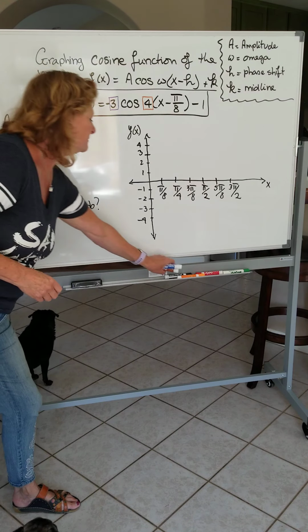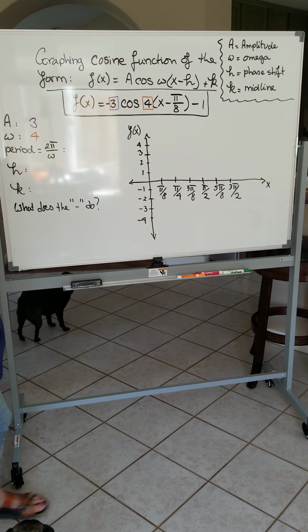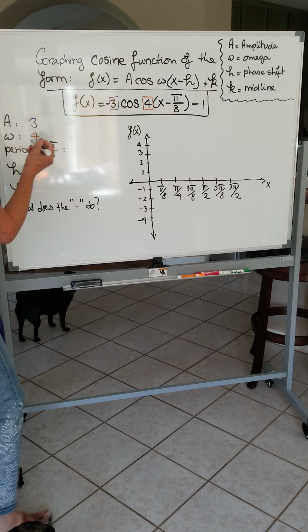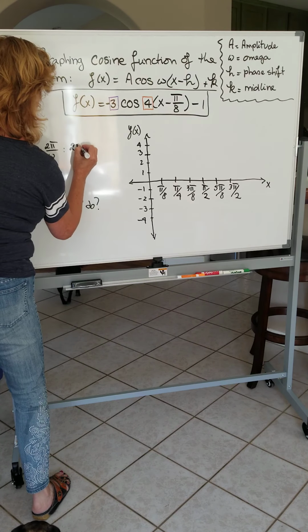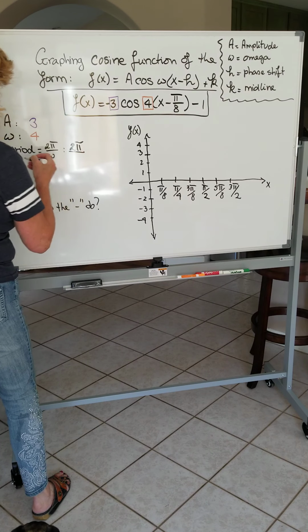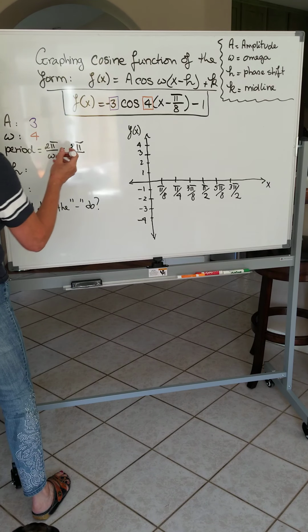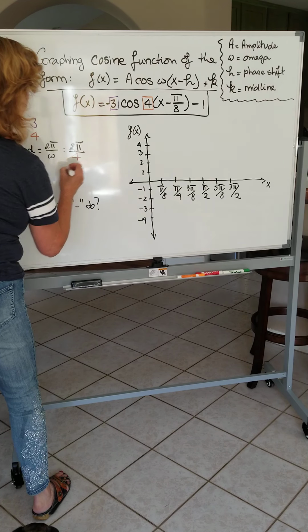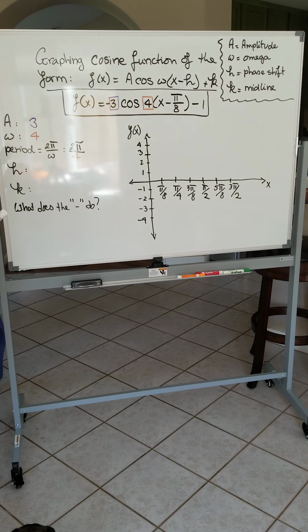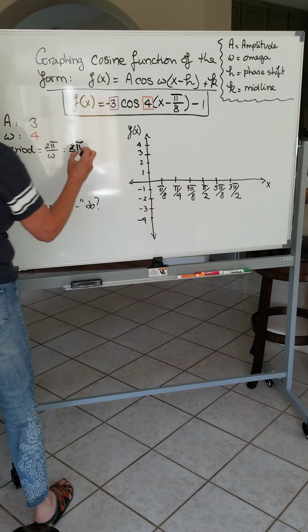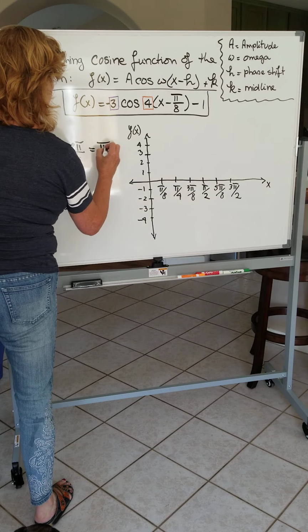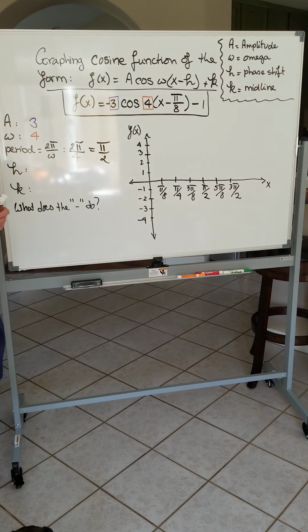So calculating the period, my period is 2 pi divided by the omega, which is 4. So my period therefore is pi over 2. Alright, so we're almost there.